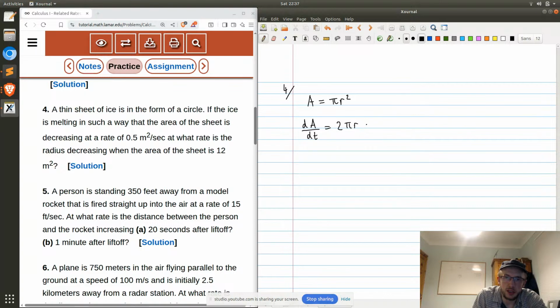That'll be 2 pi r times dr by dt, or so I believe. Okay, and we are told dA by dt is this.